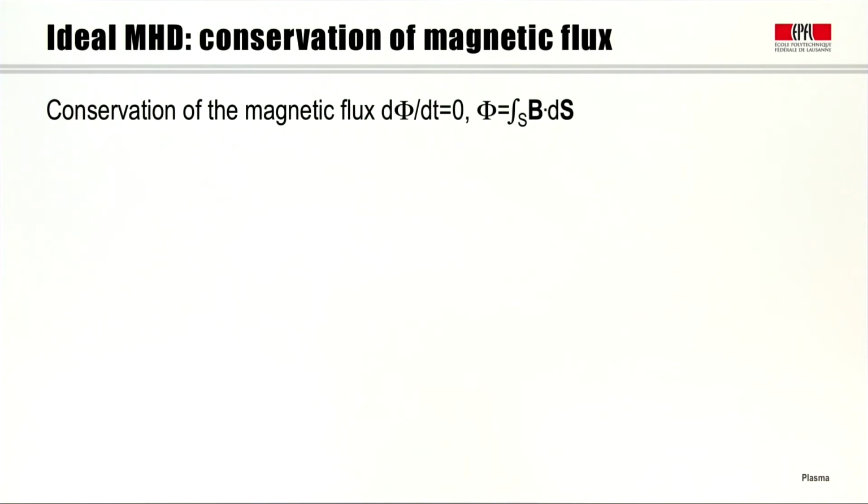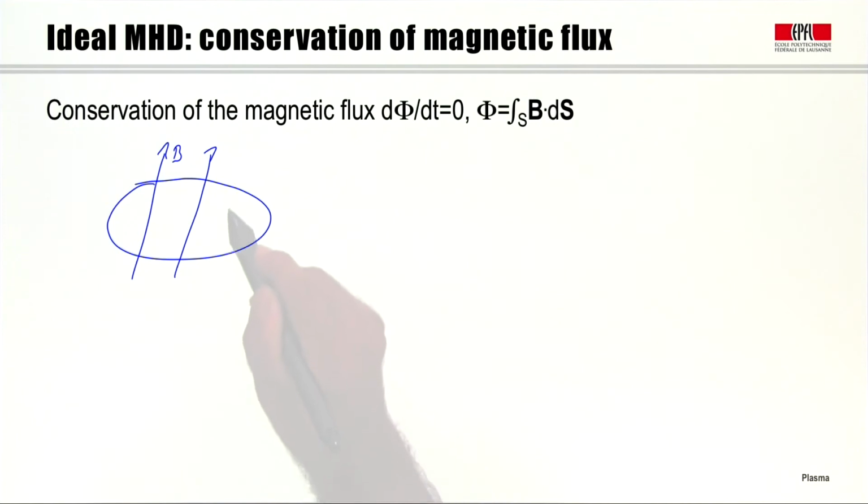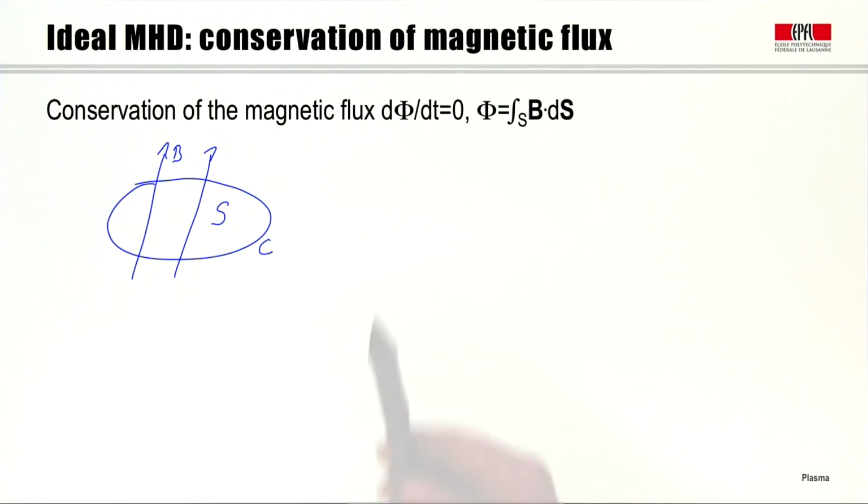the magnetic flux. The magnetic flux phi is the flux of the magnetic field B through the surface S that encloses the field line. These are our field lines. This is the surface S, which is delimited by a contour C. So let's describe the time derivative of the magnetic flux, dφ/dt.